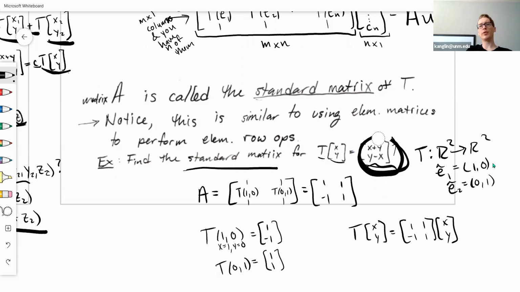And this one probably wouldn't have been too bad to figure out without this method of applying the transformation to the standard basis vectors of the domain. But if you had a more complicated transformation, maybe in three variables and they're all mixed up in strange ways, or four or five variables, and they weren't in a very specific order, you have x's and y's and z's all in different orders.